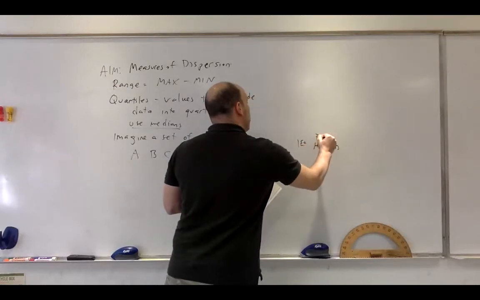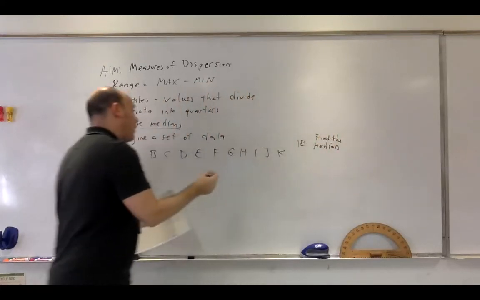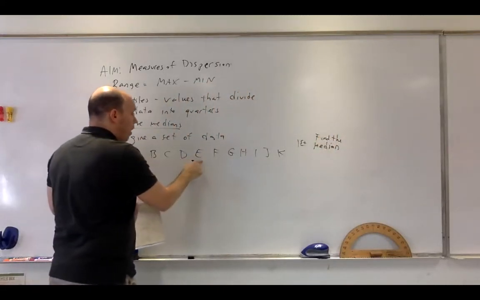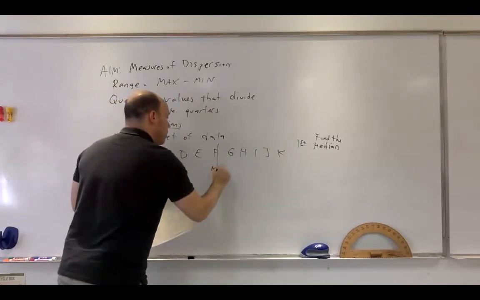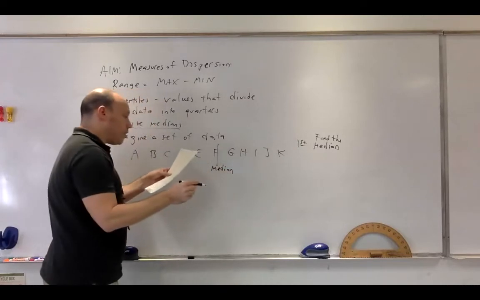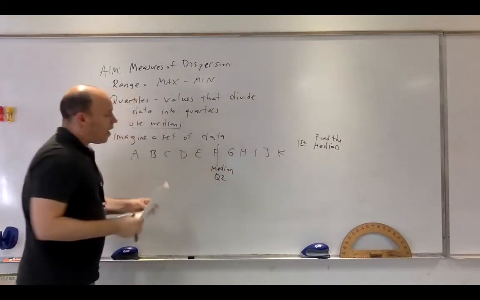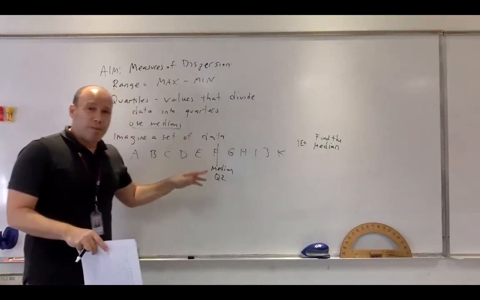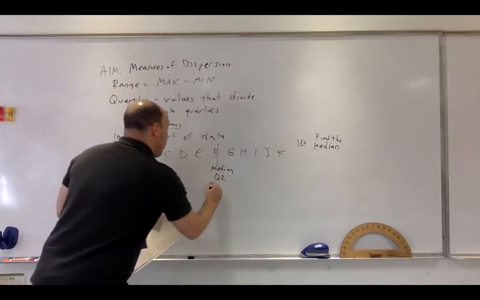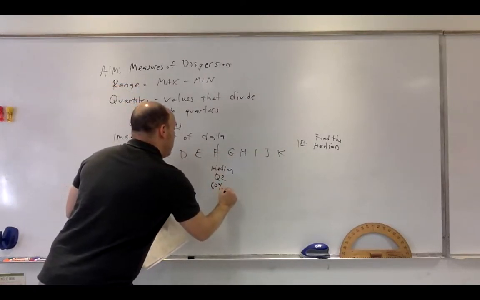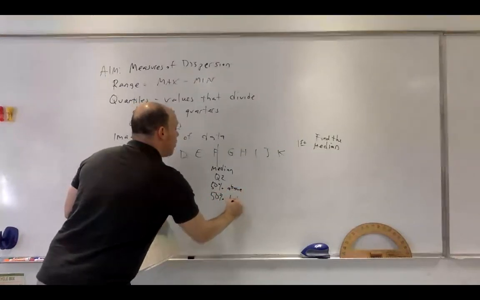I know, let's see, 1, 2, 3, 4, 5. Therefore, this is the median. We're going to call this Q2. And the idea with the median is that 50% of the data is below and 50% of the data is above.